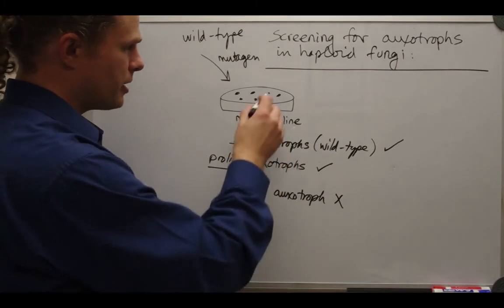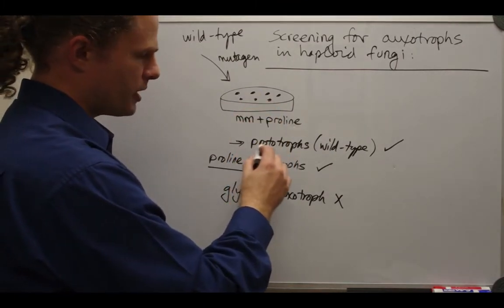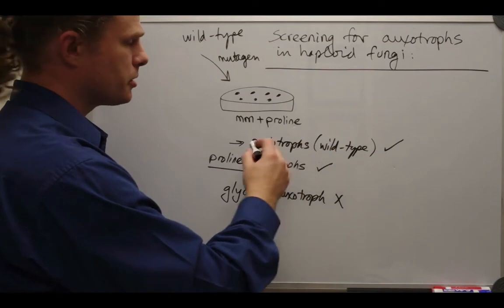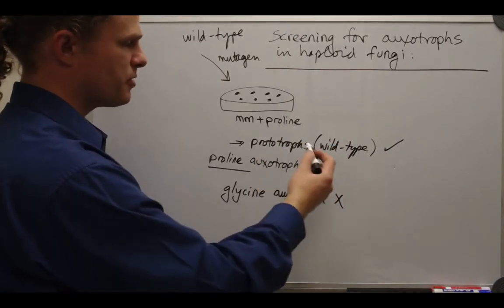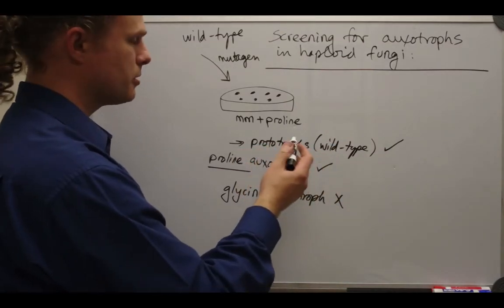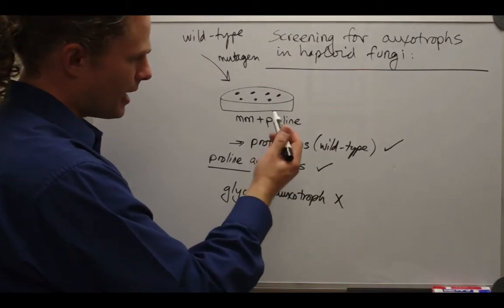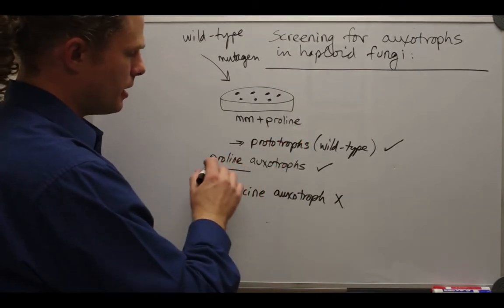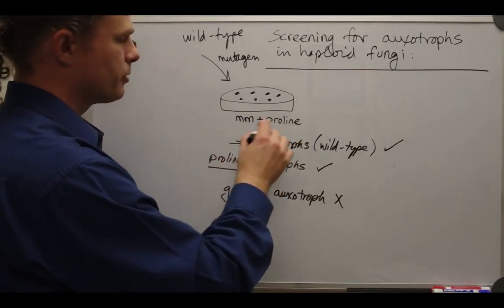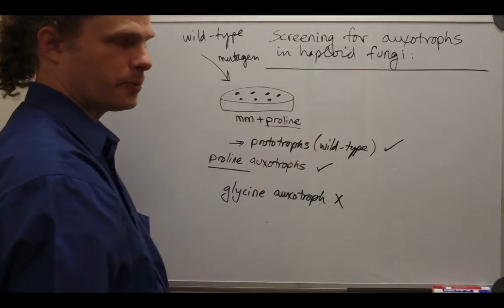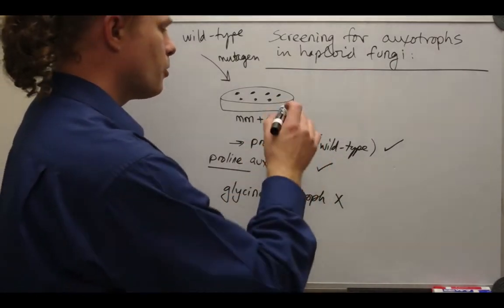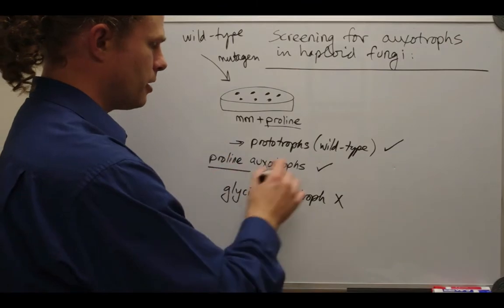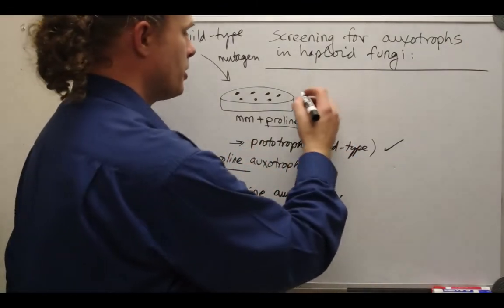So the only things that are going to grow on this media are things that can make their own essential components from a carbon source and inorganic salts, from the minimal media. The one exception to that is anything that's a proline auxotroph will be able to grow because we've supplemented the media with proline.